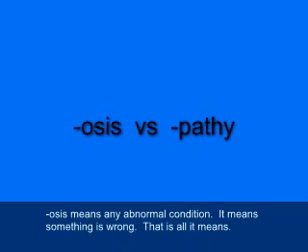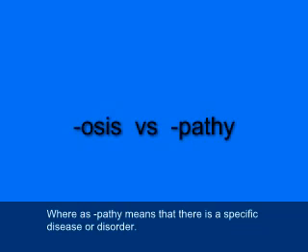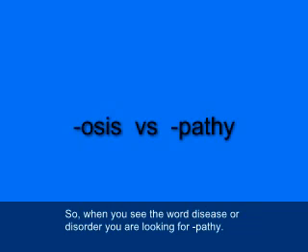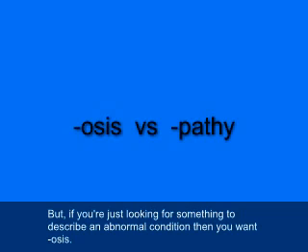Osis means any abnormal condition. It means something's wrong. That's all it means. Whereas pathy means that there's a specific disease or disorder. So when you see the word disease or disorder, you're looking for pathy. But if you're just looking for something to describe an abnormal condition, then you want osis.